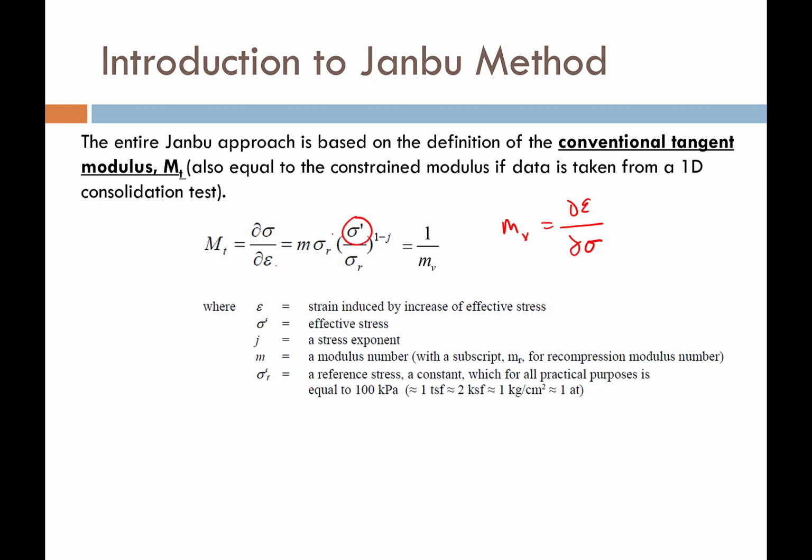Sigma prime is, as you expected, the effective stress that's affecting that soil layer at depth, and sigma sub r, this is a reference stress, which for all practical purposes is equal to 100 kPa, which is basically just atmospheric pressure.